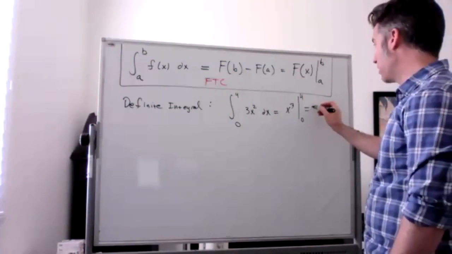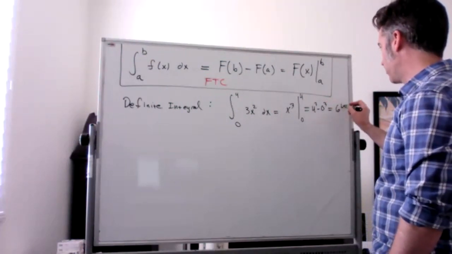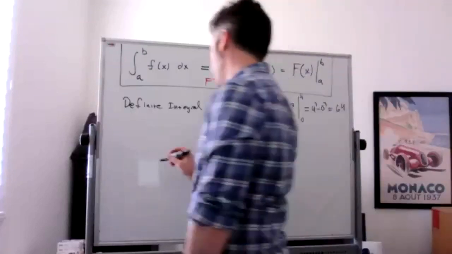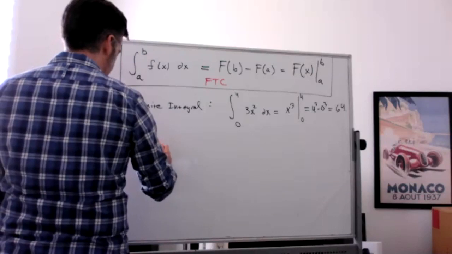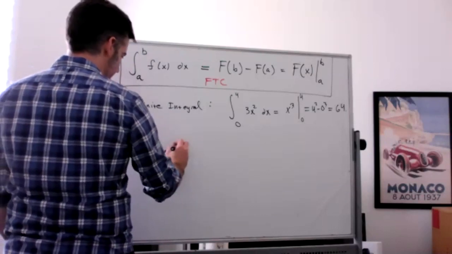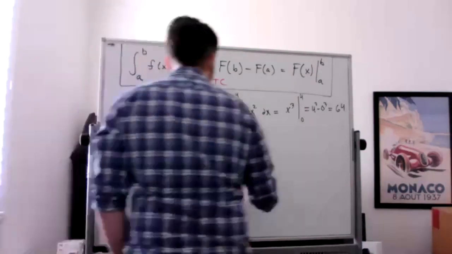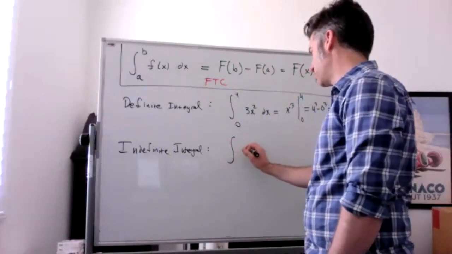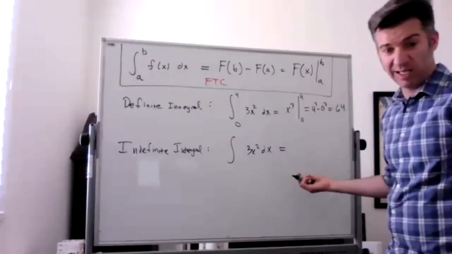So it's going to be 4 cubed minus 0 cubed, which is 64. On the other hand, an indefinite integral does not have limits of integration. It would be like this, and the answer would just be x cubed plus c.